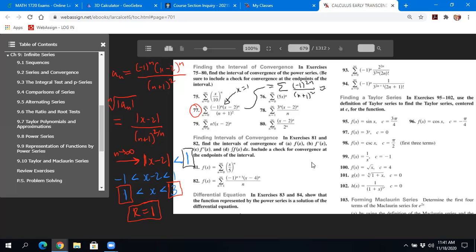So this sum would be the sum of 1 over (n+1)^2. And what's true about that? It converges. It's like a p-series, yeah? This thing converges. So that means I am allowed to plug in 1.